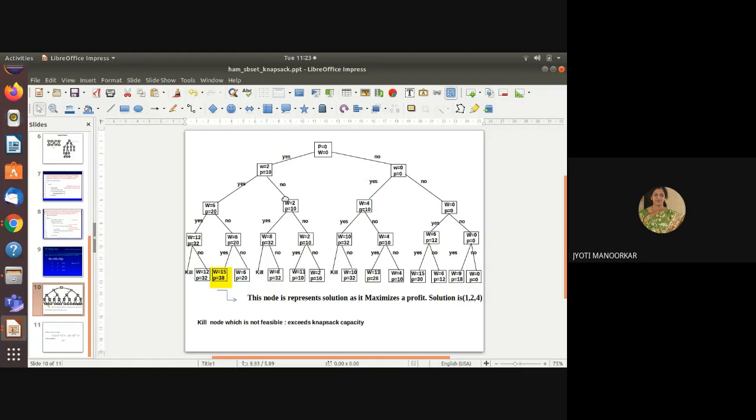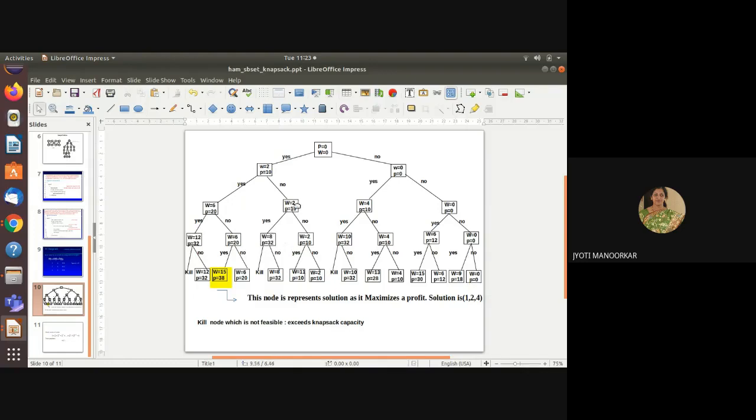If I want to explore this node and create its left child, I will have to consider the third element to be included. So before including it, check it with the current capacity of knapsack. Current capacity of knapsack is 15 minus 2, because at this point I am having W is equals to 2. So 15 minus 2, it's 13. And what is the weight that I will get after including the third element?